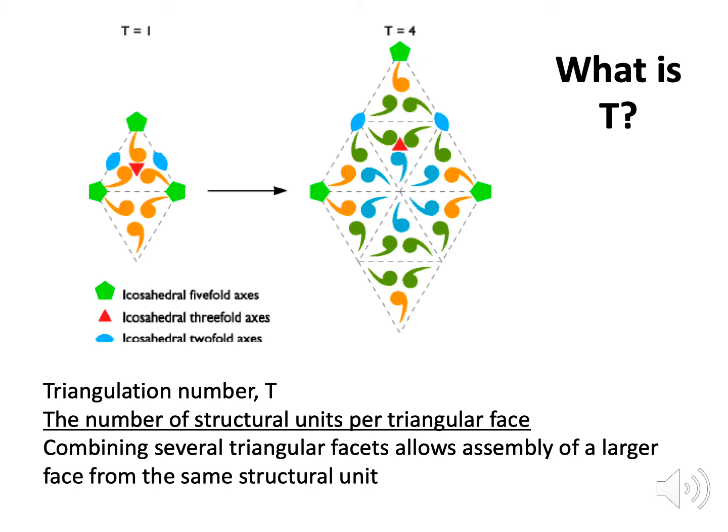So in a T = 1 virus, it's the same structural unit that is making up that triangular face, and there are three of them. So 3 times 20 faces is the 60 units. Here's a T = 4 virus, where there are different proteins that are making up that face.